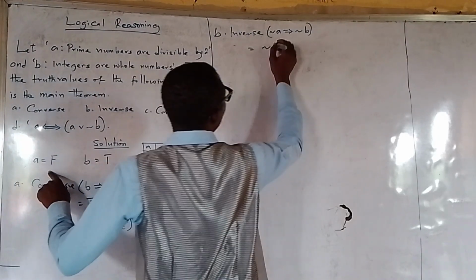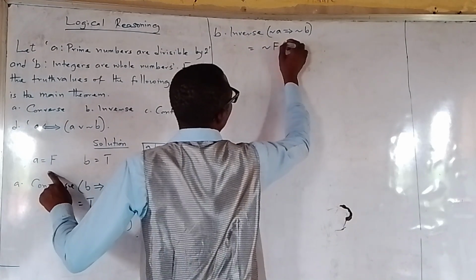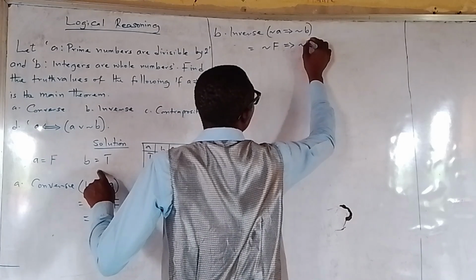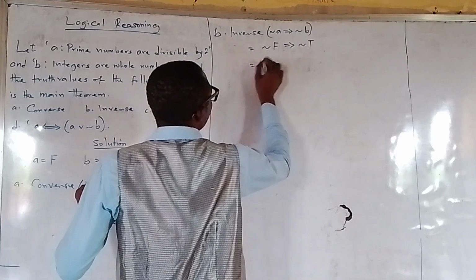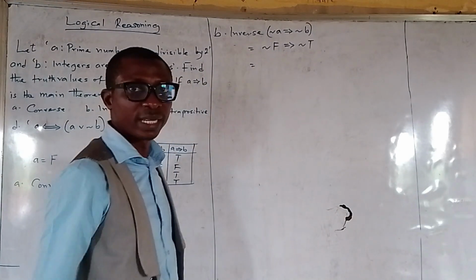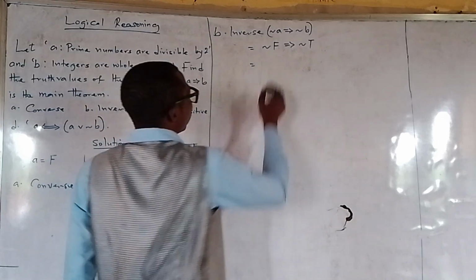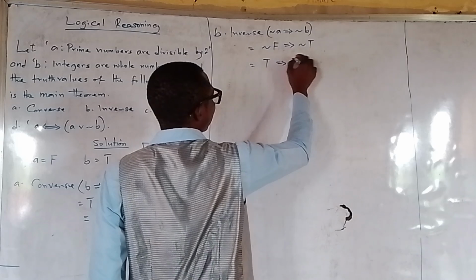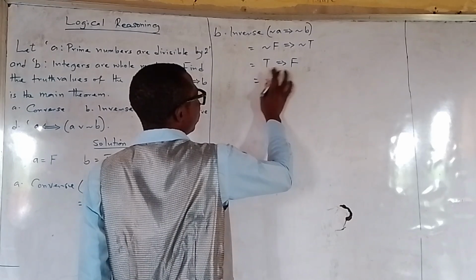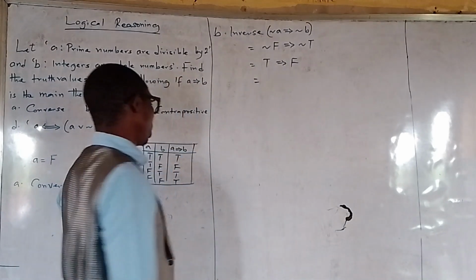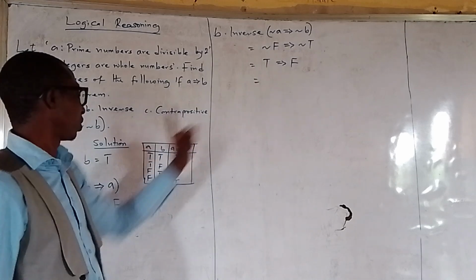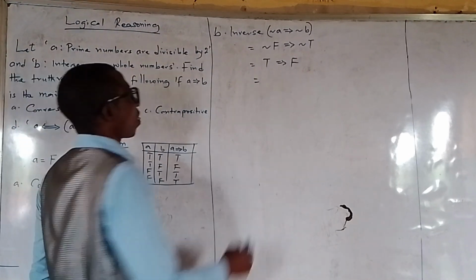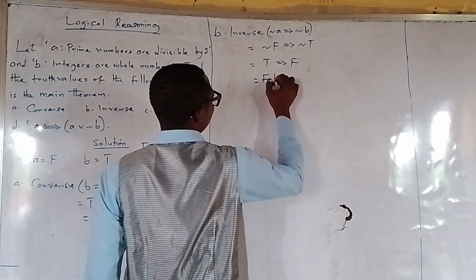So that means negation of false implies negation of B, which is true. Negation of true. And what's negation of false? Negation of false is true. So that's true implies negation of true, which is false. And true implies false is what? It's going to give you false. So the result is false.